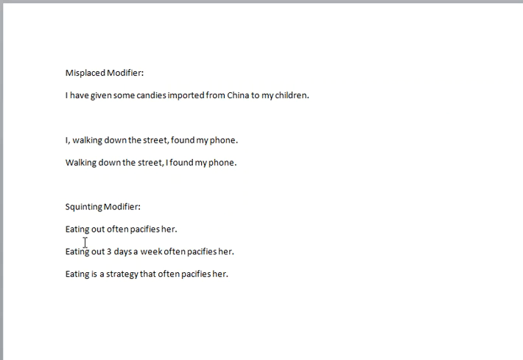In the first example, I placed emphasis on how often she eats out. On the second one, I stressed the notion that the strategy itself, this approach, makes her feel relaxed and calm and comfortable within her own skin. Okay? So we need to add stuff here in order to fix this confusion.